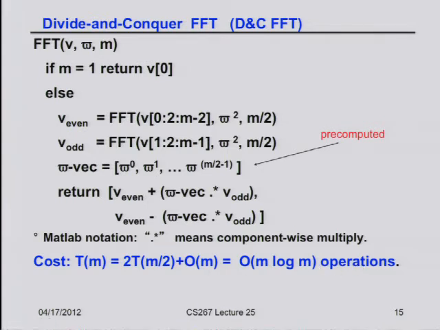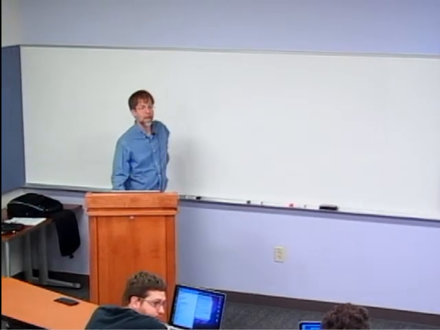Yes, and let me give you the microphone. Where are you saving time? It seems like you're evaluating both the odd and the even components anyway. Right, and that's why I have a 2 here. So I have 2 problems, 2 FFTs of half the size. Do you agree that this formula captures the cost of that algorithm?